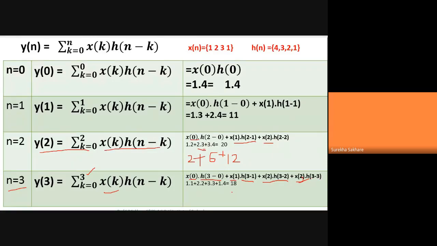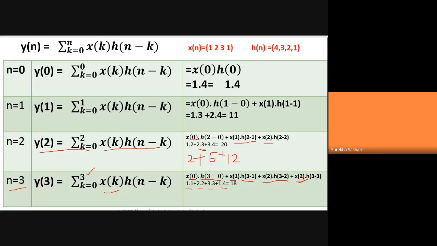Now when I am having all the values, I will just check. X0 is 1, H3 is 1. Done. This one, X1 is 2, H of 2 is 2. Then X of 2 is 3, H of 1 is 3.